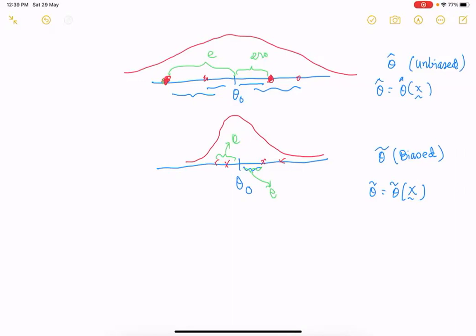Now, having said that, if you can figure out that a particular estimator generally tries to underestimate the real thing, if you have some sense of bias, then you can try to correct for the bias.